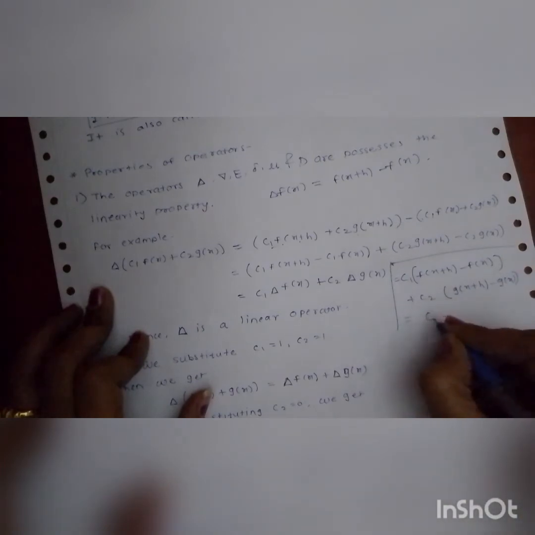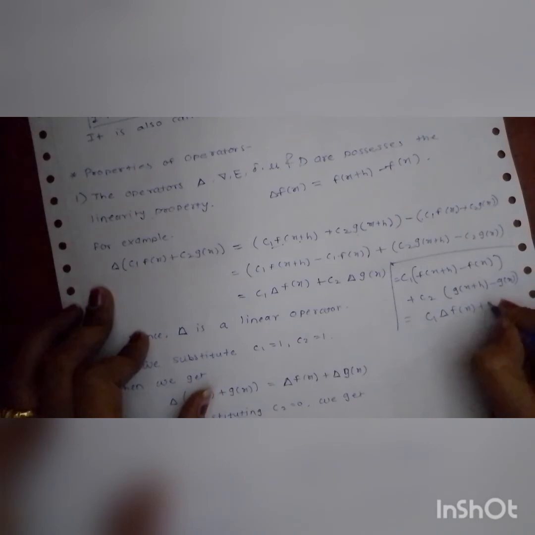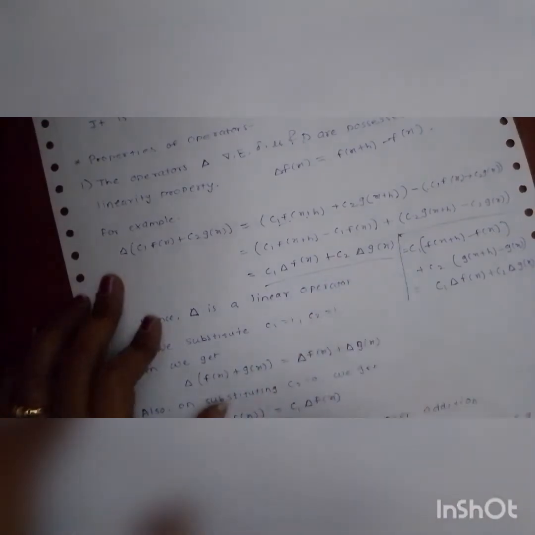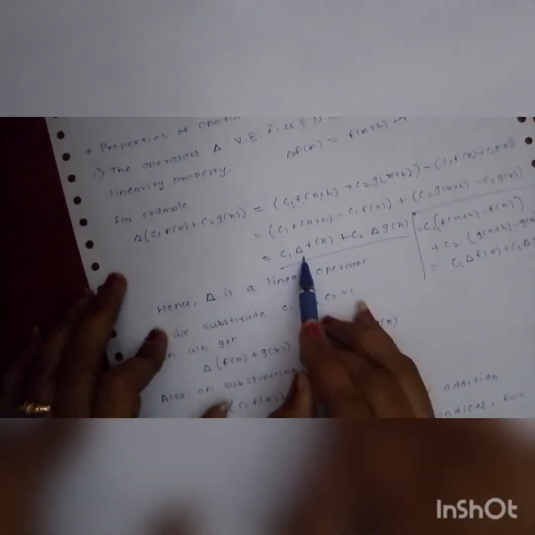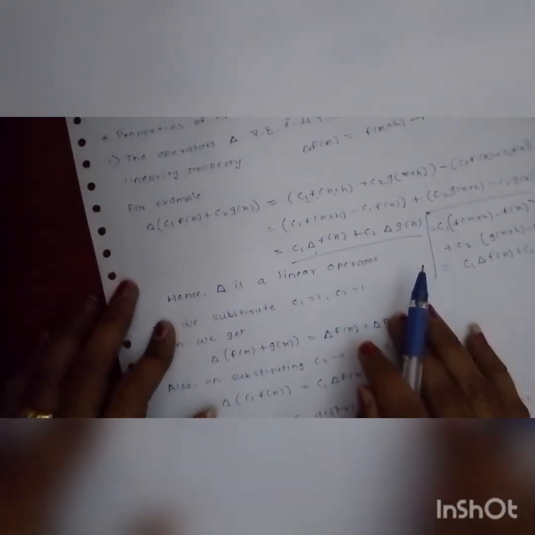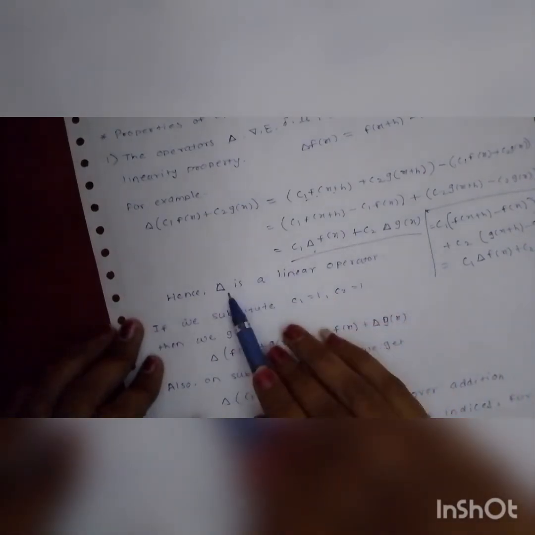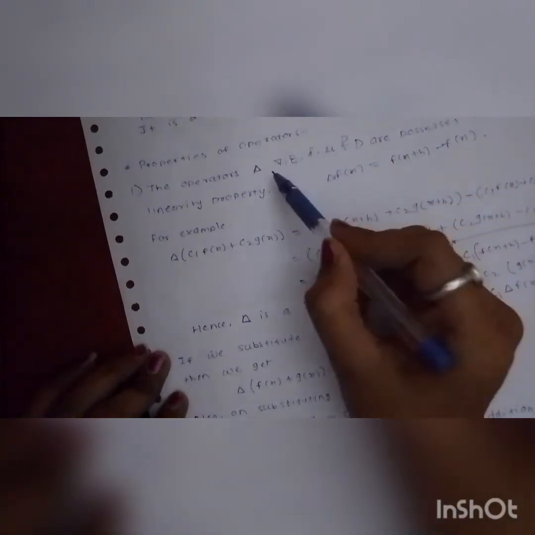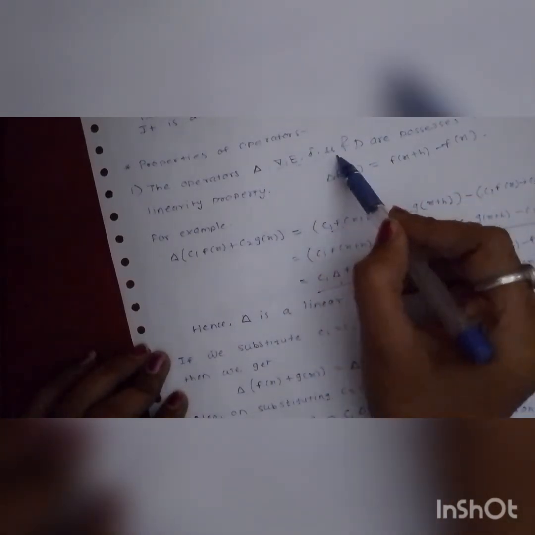From this we get c1 delta f of x plus c2 delta g of x. So here delta satisfies the linearity property. Therefore delta is a linear operator. Similarly, we can prove this for del, E, delta, mu and D.